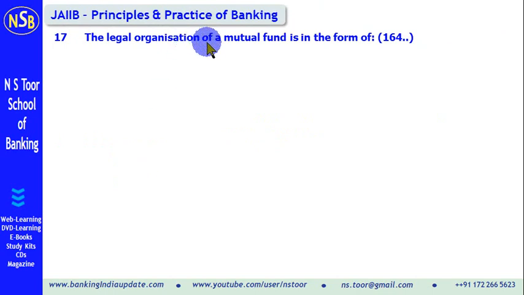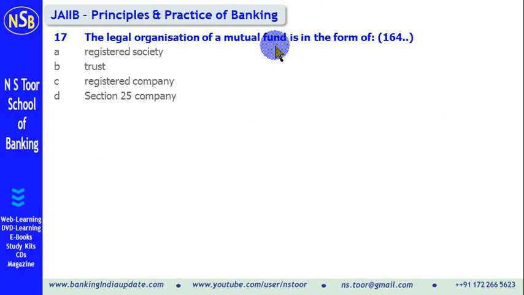The legal organization of a mutual fund is in the form of. So whenever a mutual fund is established, it is in the form of registered society or trust or registered company or section 25 company. So whenever a mutual fund is established, its legal organization format is in the form of a trust.